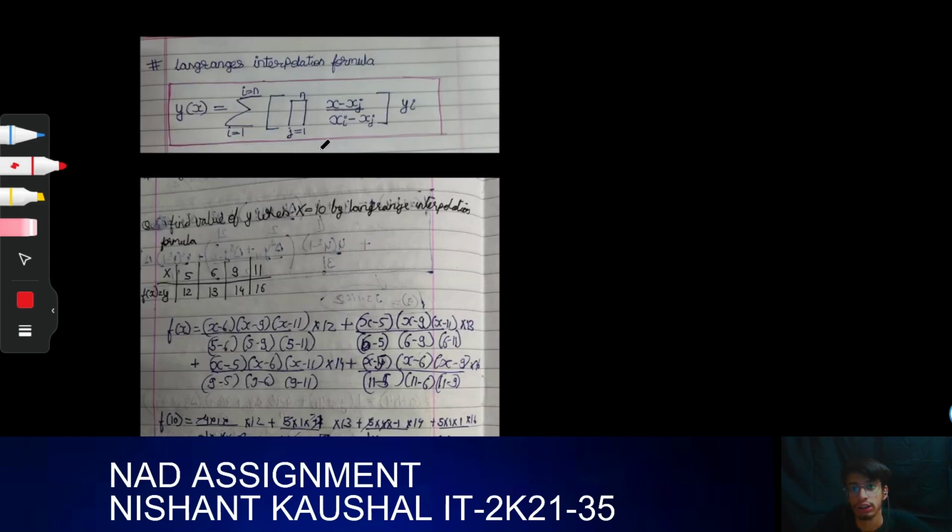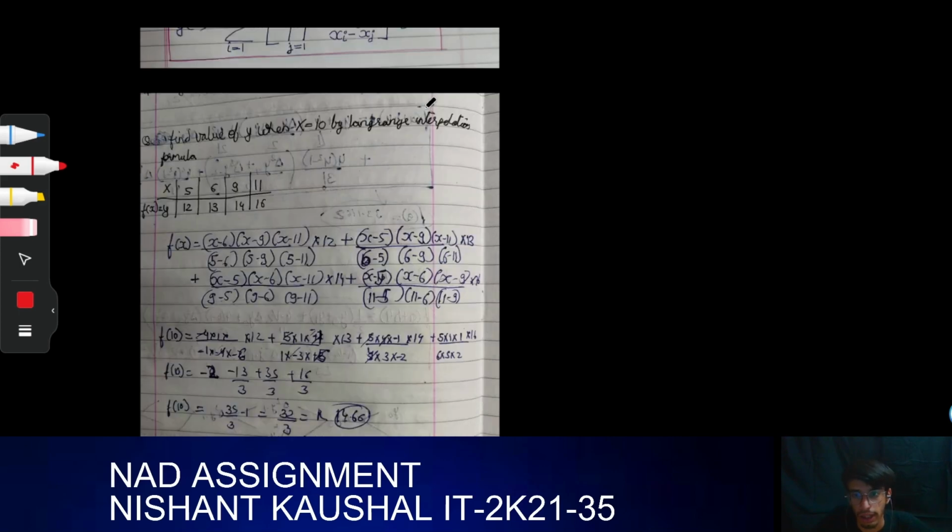theorem, its formula is summation over i from 1 to n, bracket, product over j from 1 to n of (x minus xj) upon (xi minus xj), multiplied by yi. So let us understand this formula more clearly by solving one question.